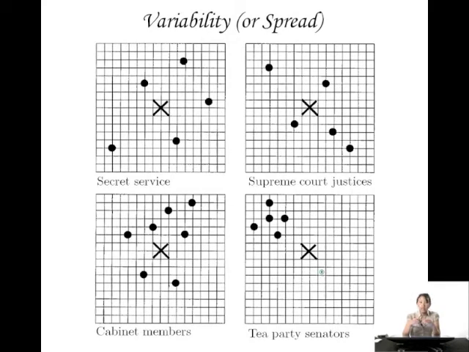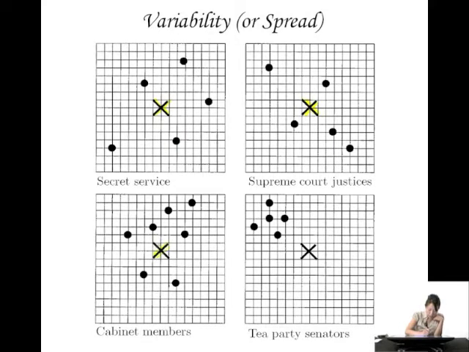So let's think about a conceptual way of thinking about variability. There's lots of different ways that you could actually think about variability. So for instance, let me give you this example. Let's say this x shown in each of these is the president, right now Barack Obama.